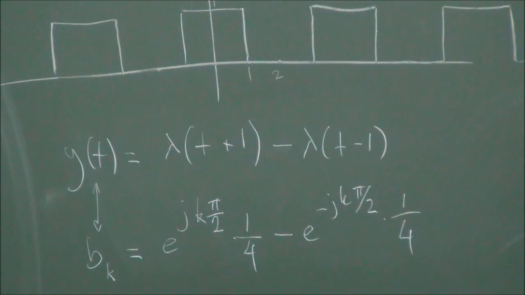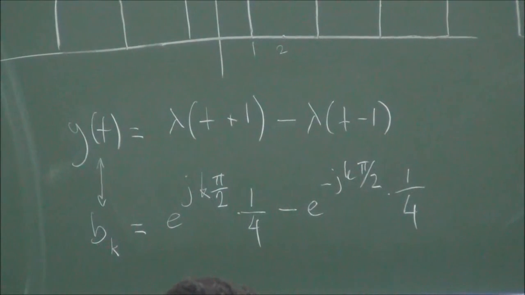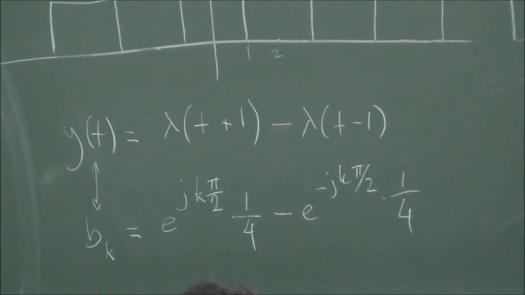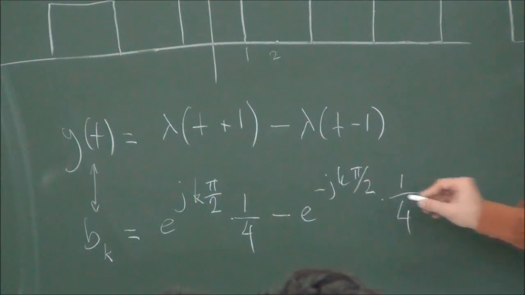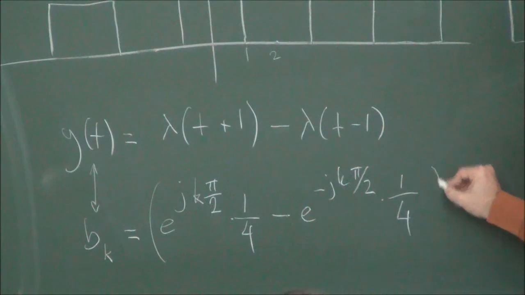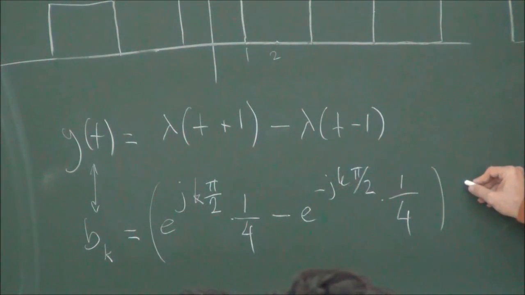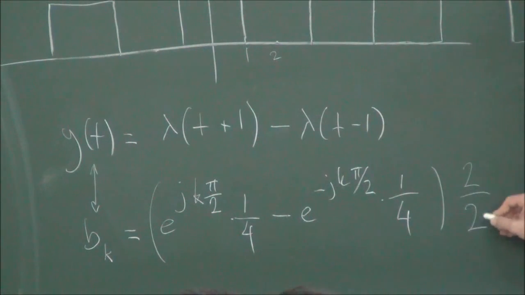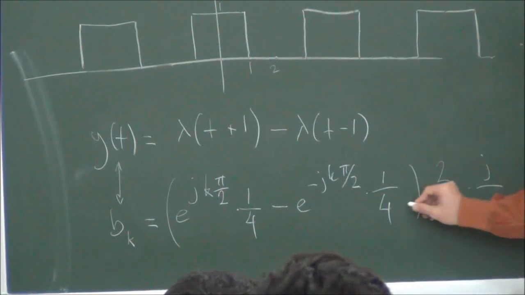Now, can we make sense of this one, or can we combine these things? It's not really cosine because there is a minus sign in between. Therefore, it must be a sine. But in order to have a sine, we have to multiply it by 2 over 2 times j over j. This j will remain at the top, and let's put this over j here.